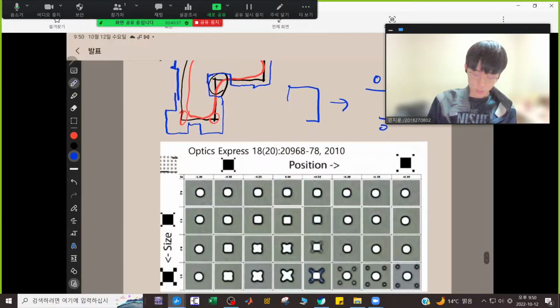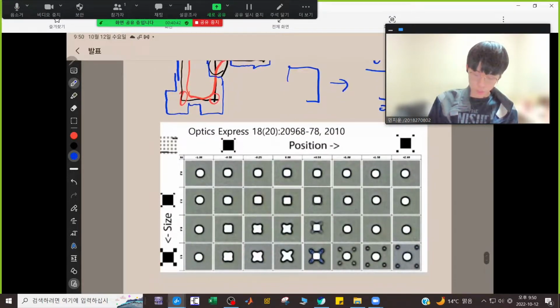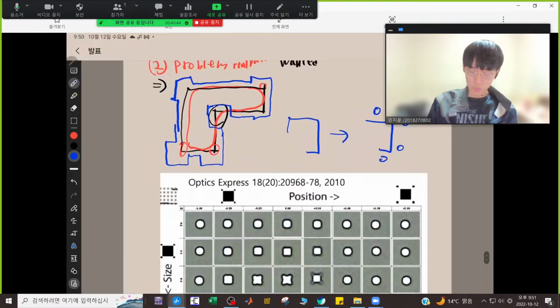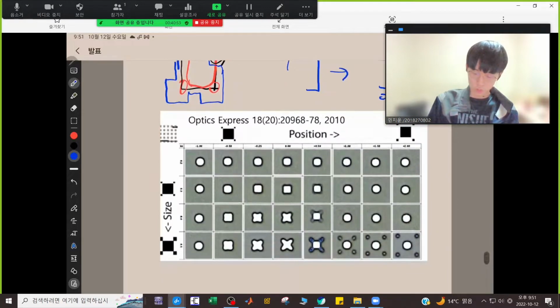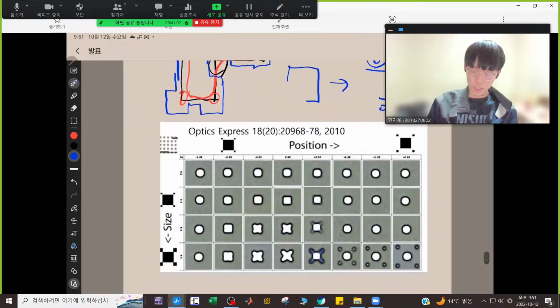If you see this picture, we can solve the pattern problem using this support mask. If we use a good positioning and size of support mask, then we can get a good pattern.